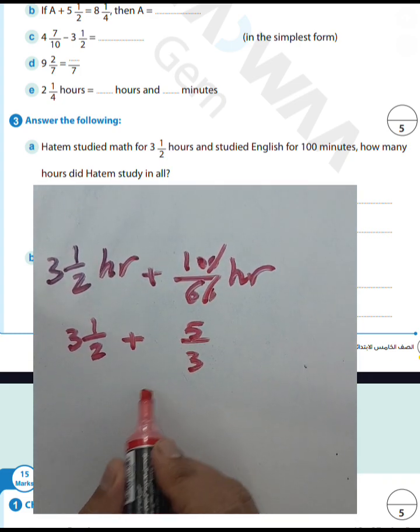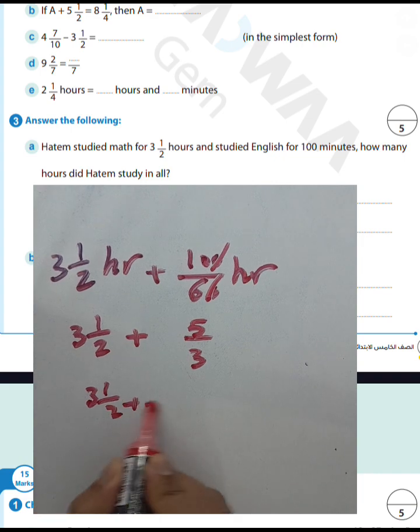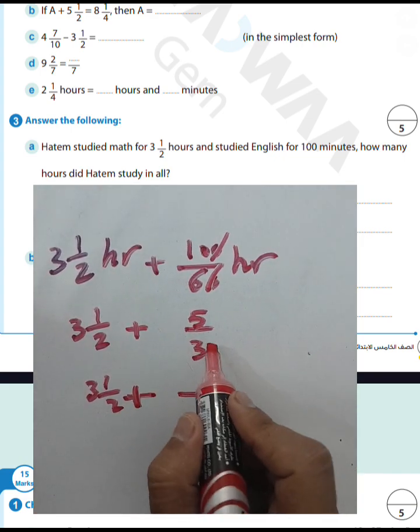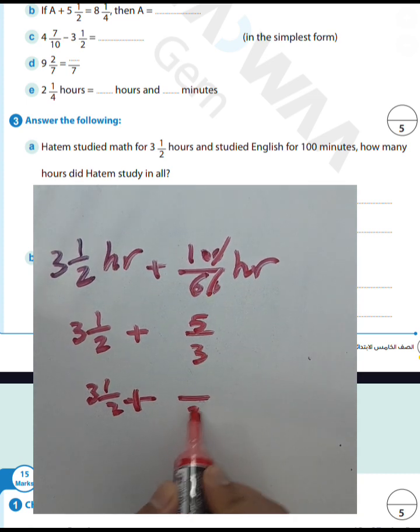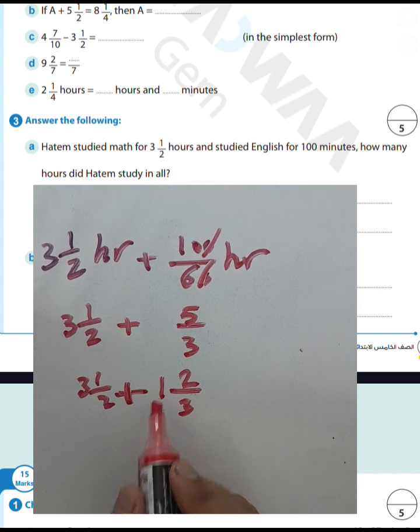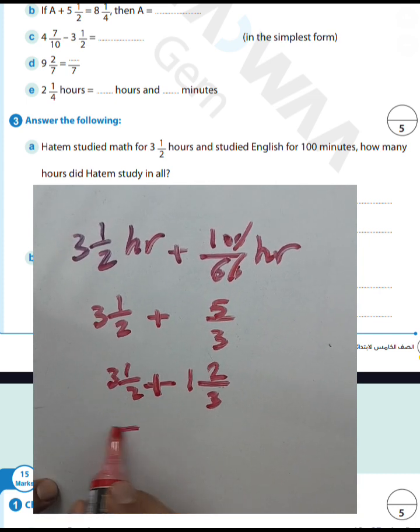And then you can simplify it again, convert 5 over 3 from an improper fraction to a mixed number. 5 divided by 3 equals 1, and the remainder is 2. And then we write the least common multiple between them, which equals 6.